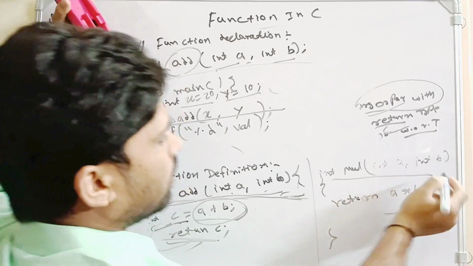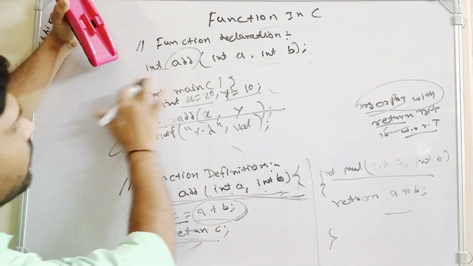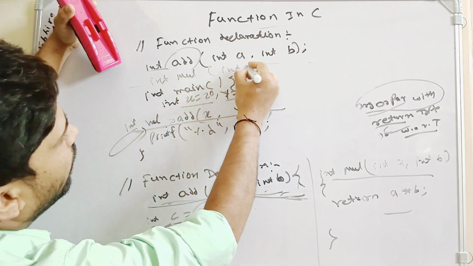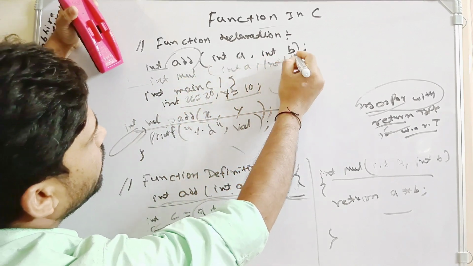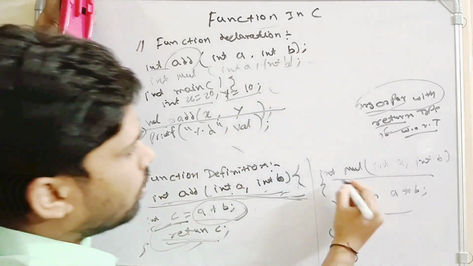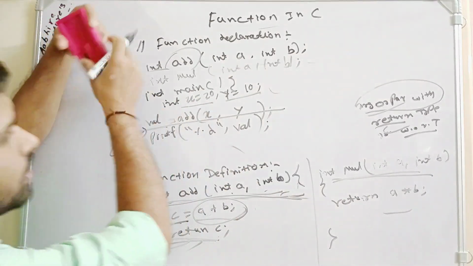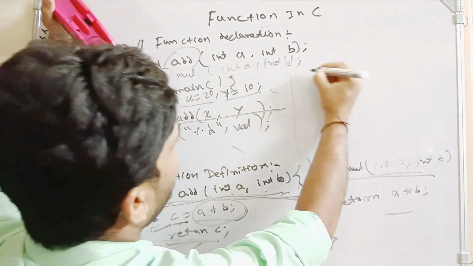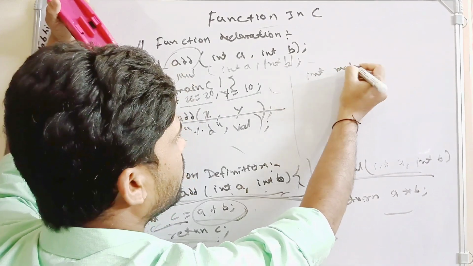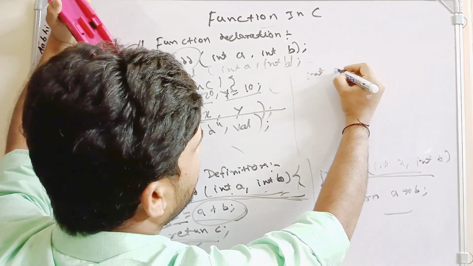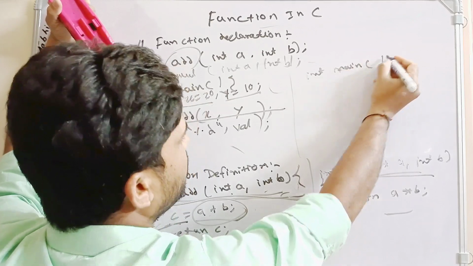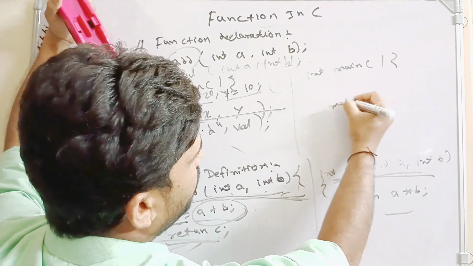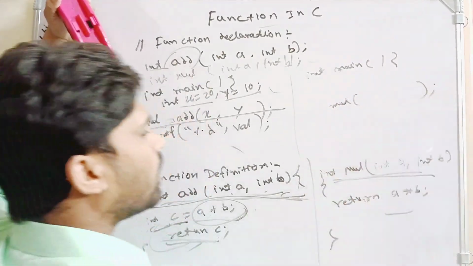Then we have to do the declaration as well: int multiplication with arguments int a and int b. Then call this function in main. I am writing here because there is no space. Again call multiplication with arguments or parameters.